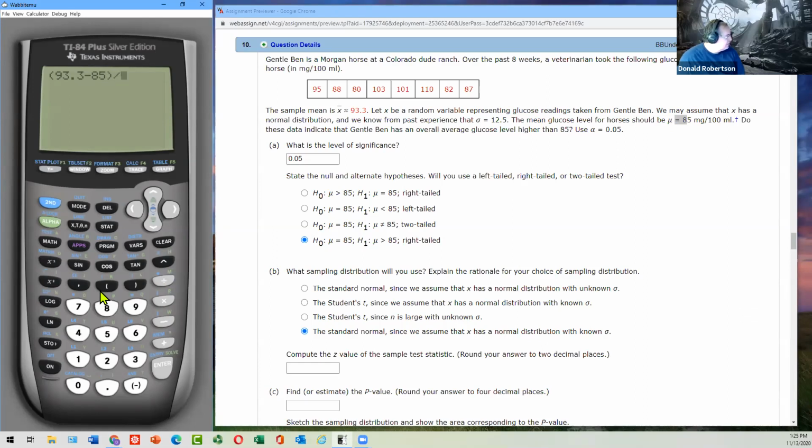Divided by, I'll put a little bracket just to be safe, sigma, which is 12.5, divided by the square root of 4, 6, 8. And nobody noticed, it's a square root. I caught myself in time. I think that's enough brackets. Looks good. So 1.87, does it round up? Yeah, 1.88.